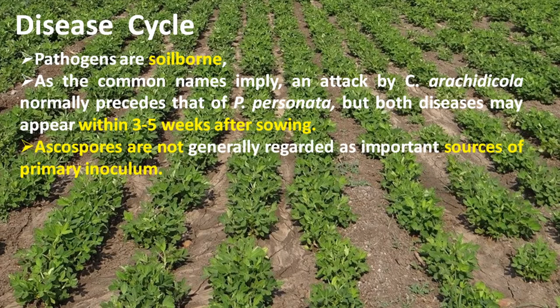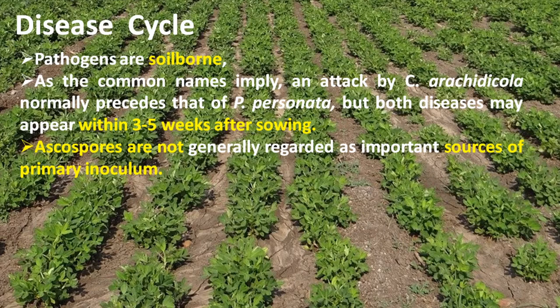In fact, one interesting fact you have to focus on. Although the teleomorphic phases of this particular fungus are well known, the ascospores are not generally regarded as an important source of primary inoculum.